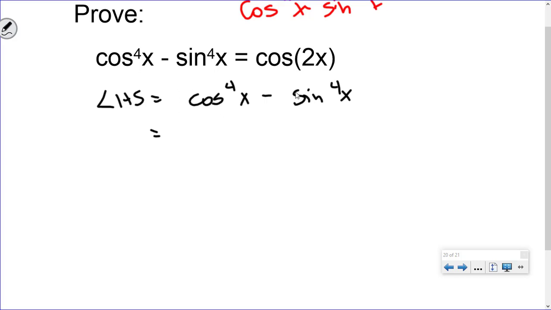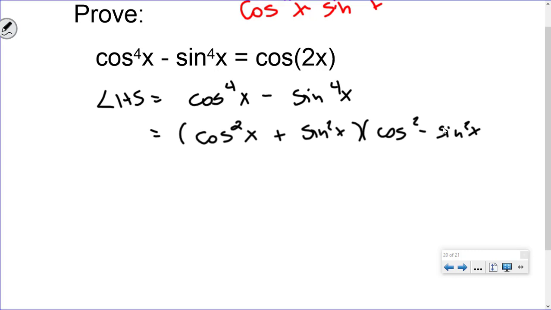So, if we started here, what should we do? We should factor it, right? This is a difference of squares, where the square root of cos to the fourth is cosine squared, and the square root of sine to the fourth is sine squared. Now what? Cos squared x plus sine squared x equals 1.